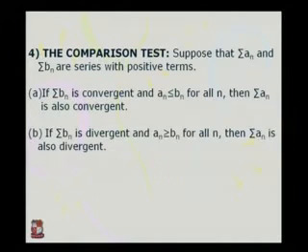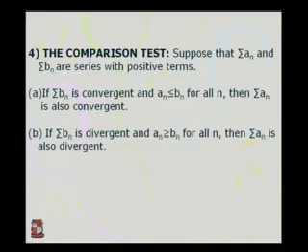In the same way, if sigma bn is divergent and an is greater than or equal to bn for all n, then sigma an is also divergent by direct comparison. So this is very straightforward, but the limit comparison test is more important than this test.